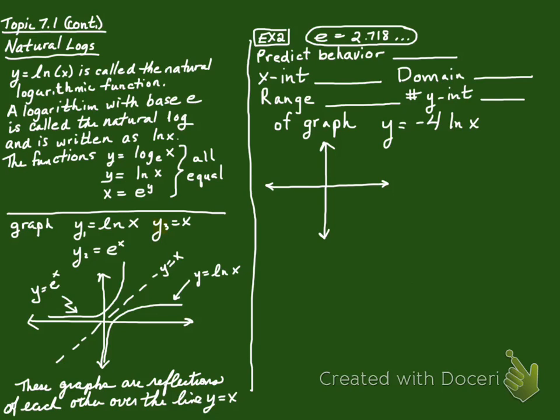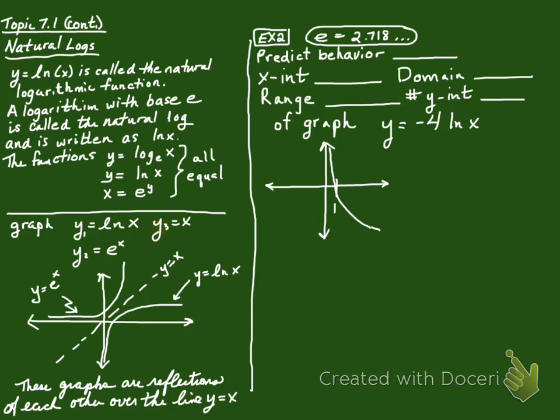Well, if you looked at the initial picture below of y equals the ln of x, you'll notice it starts way down at the bottom and comes up through 1, 0, and then becomes larger. When it's a negative value, like -4 times the ln of x, I predict that it's going to start way at the top and then come down through 1, 0 and go the other way.